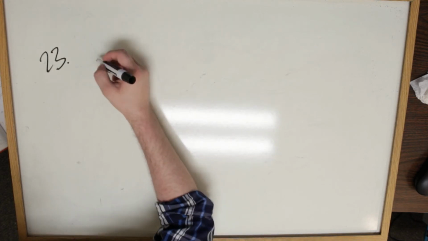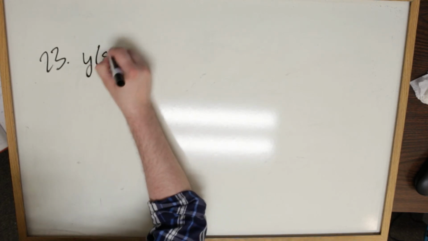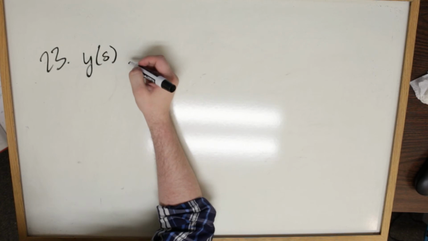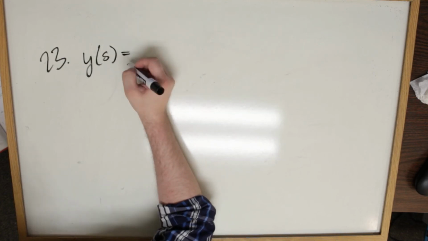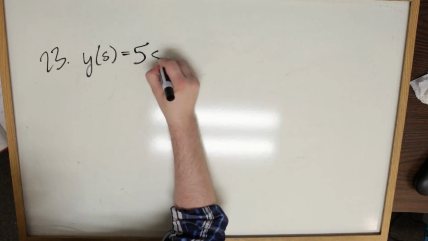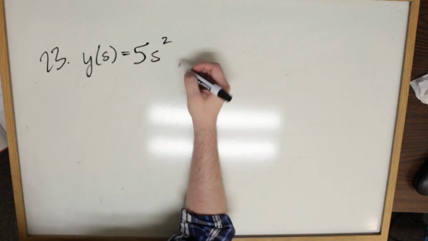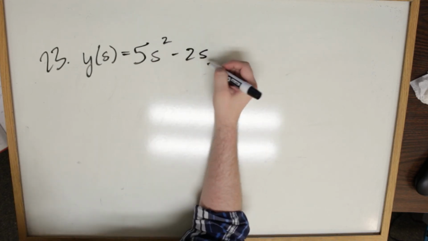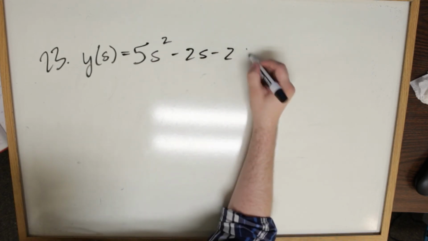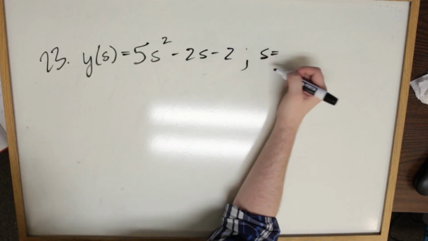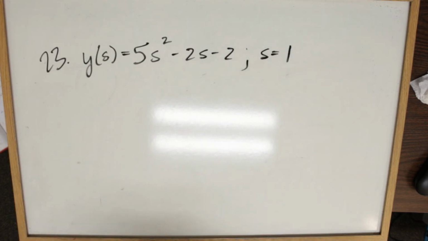I don't know if that comes up or not. Y of s, very clever use of variables here, equals 5s squared minus 2s minus 2, and they're asking at s equal to 1.